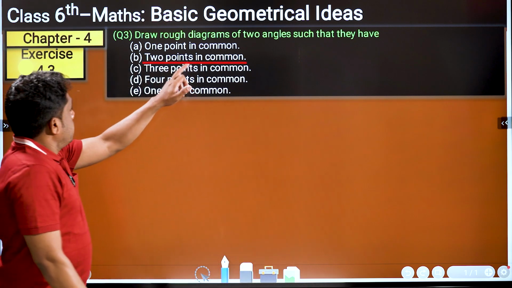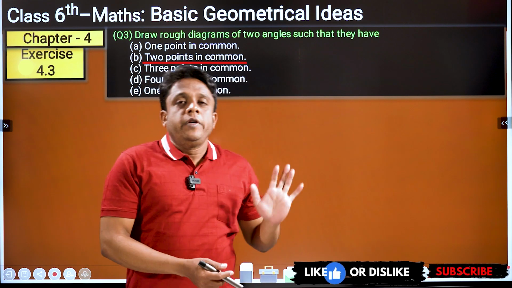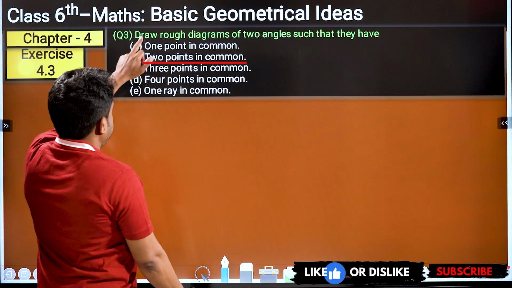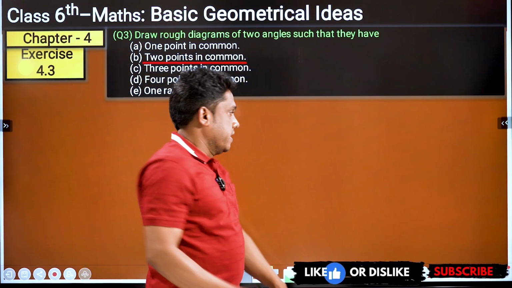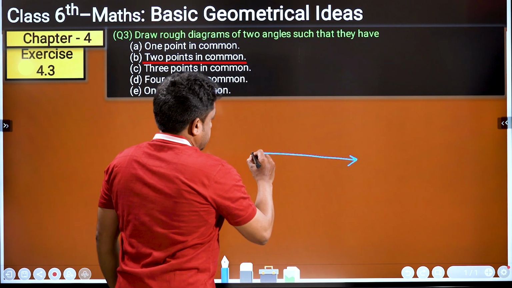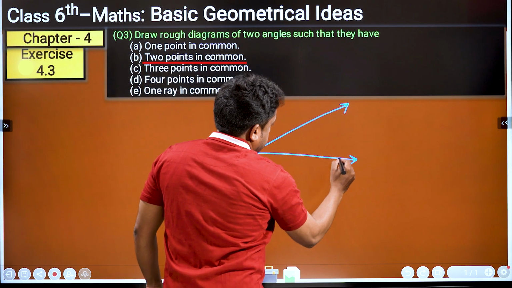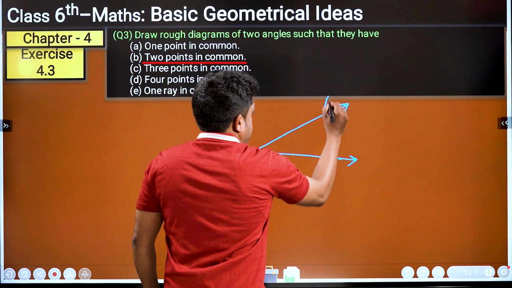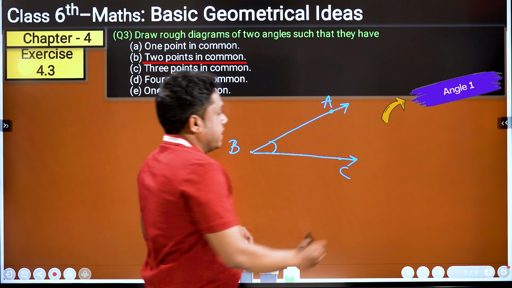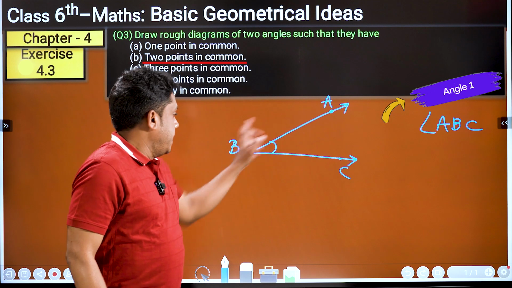In B part, it's saying 2 points in common. That means here we should consider 2 points in common. Let me draw a diagram first. First we should draw rough diagrams of again two angles. This is your first angle, as in our A part also we have seen. Here we have A, B, C. Angle ABC is one angle.